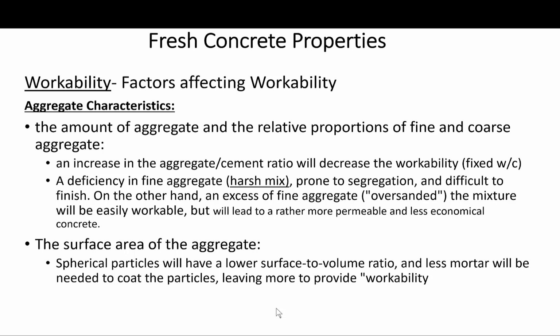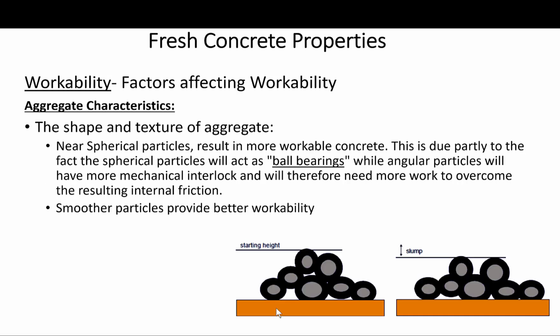The spherical particles will have a lower surface to volume ratio, and less mortar will be needed to coat the particles, leaving more to provide workability, okay? This is also partly due to the fact that the spherical particles will act as ball bearings, as you can see in the figure here.